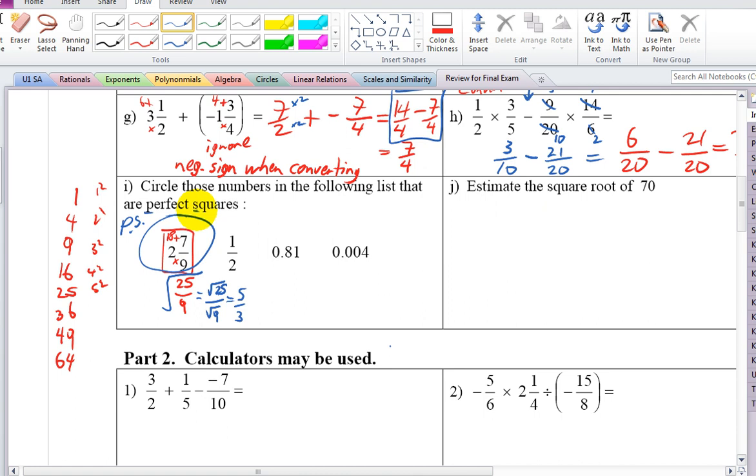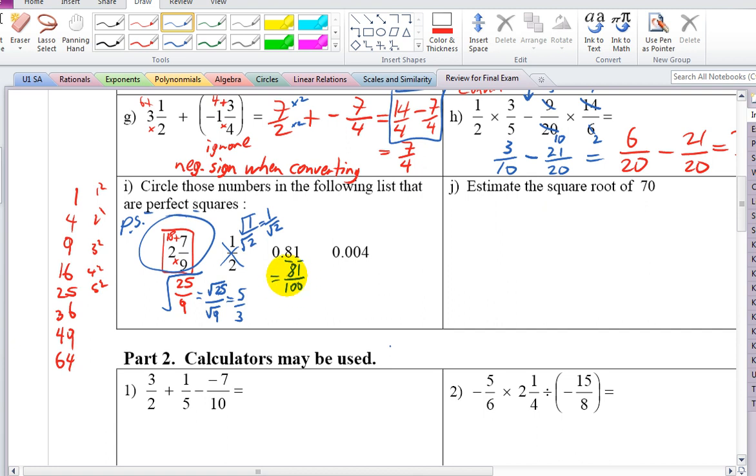What about root 1/2? Well, can you square root 1? Yeah, it's 1. So this is 1 over root 2. Can't square root 2, so it's not a perfect square. Cross it out. Now, decimals, yeah, you could cheat on your calculator, but let's turn this into a fraction. So this equals 81 over 100, because it's the hundredths decimal place for the 1. 2 zeros.